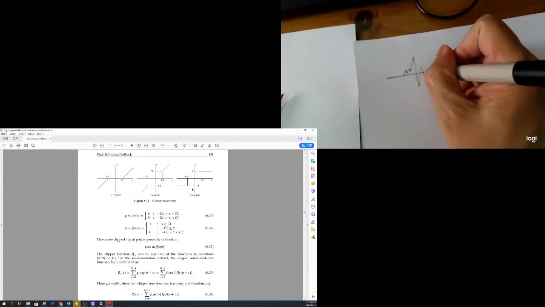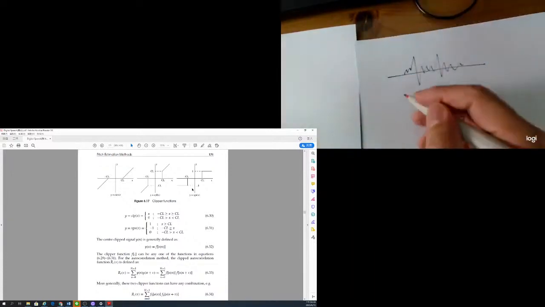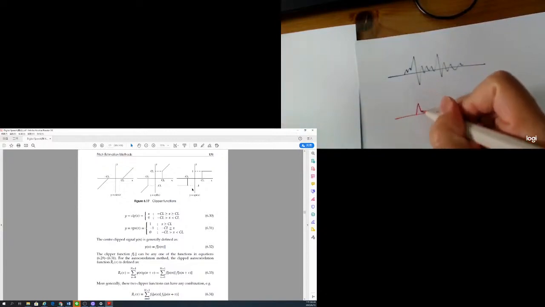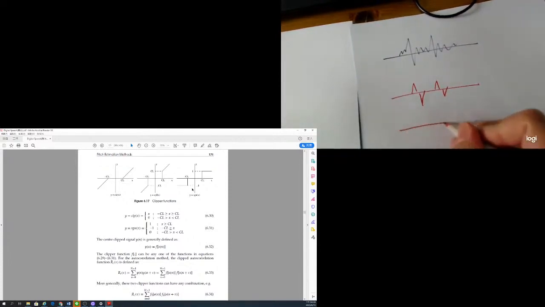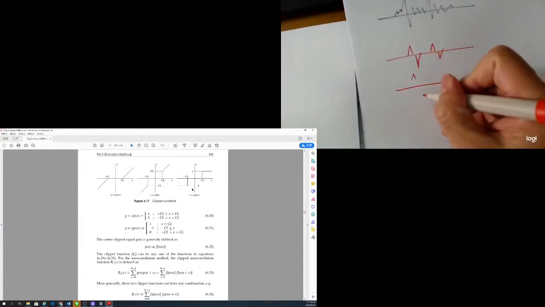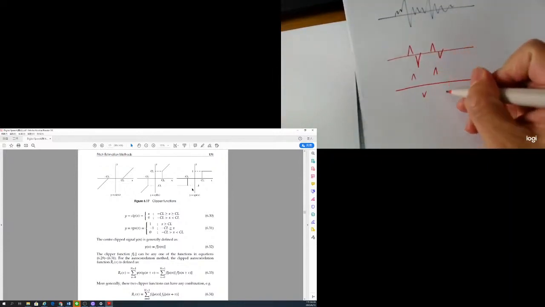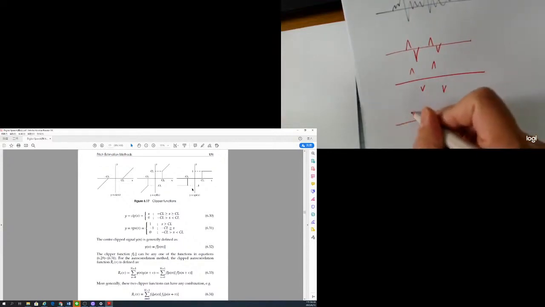So this one is your original signal. The first clipped signal looks like this one. And the second clip function is like this one, where the original offset will be kept. And the third one will be more like +1, -1, +1, -1.